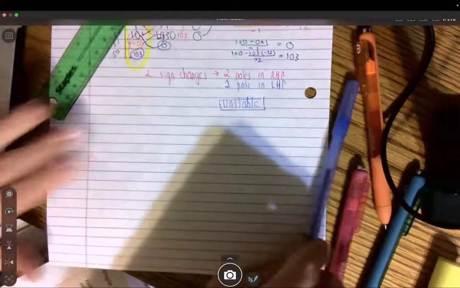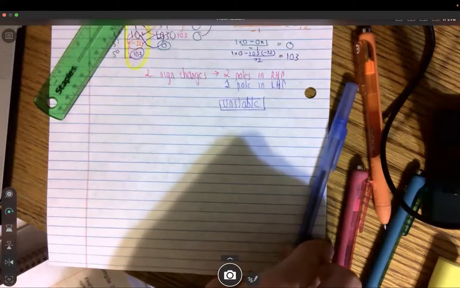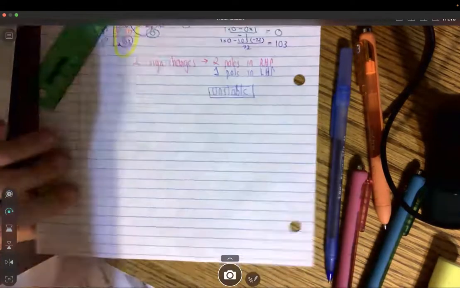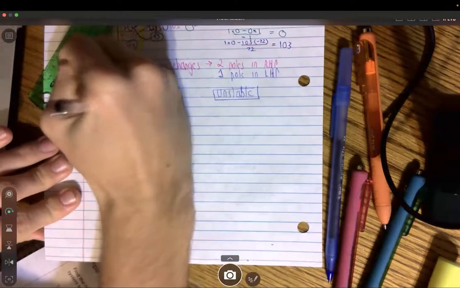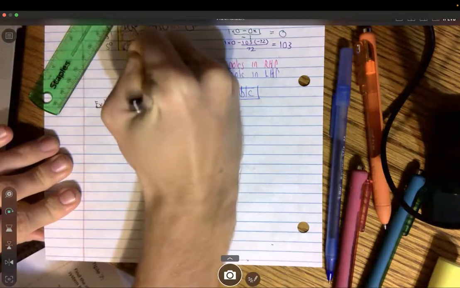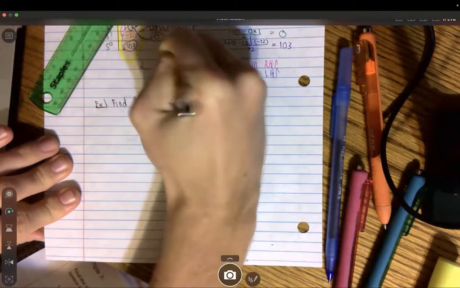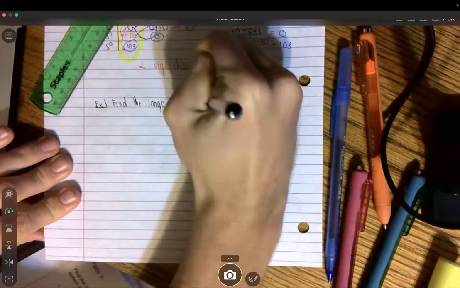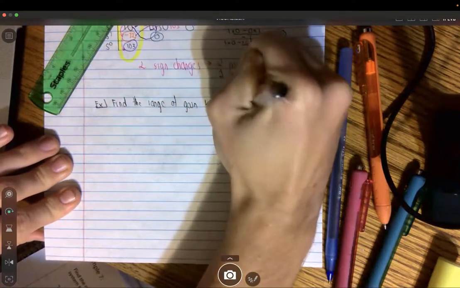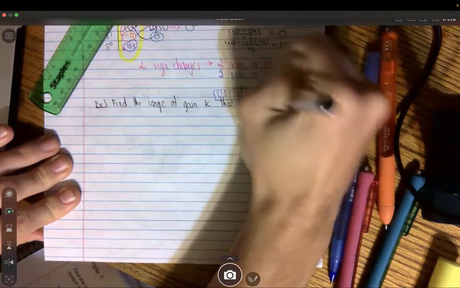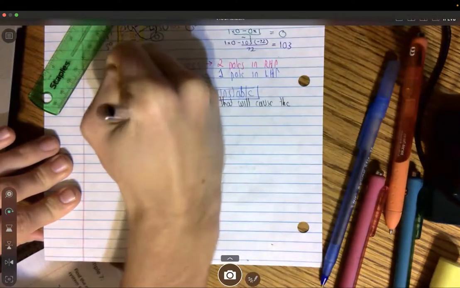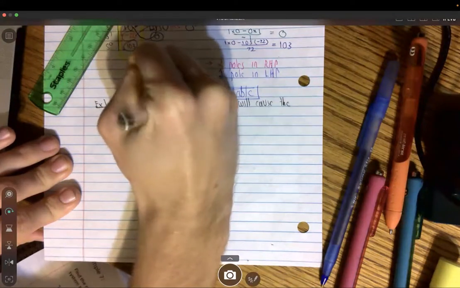The example says: find the range of gain K that will cause the closed loop system to be stable.